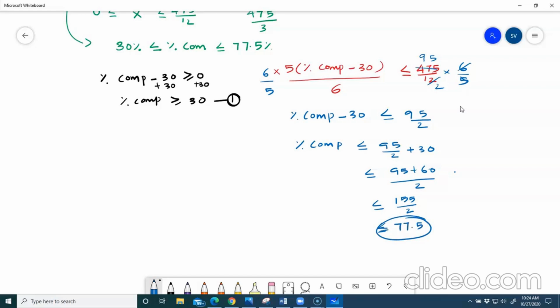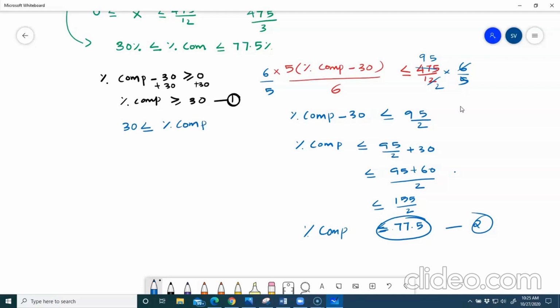Now we can combine these two equations. This is equation 2, in terms of percentage of completion. Here this is less than or equal to, and this is greater than, so we can rewrite this as 30 less than or equal to percentage of completion. I just flipped it, nothing more.